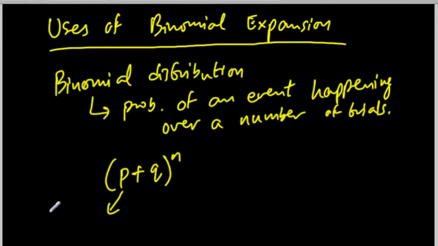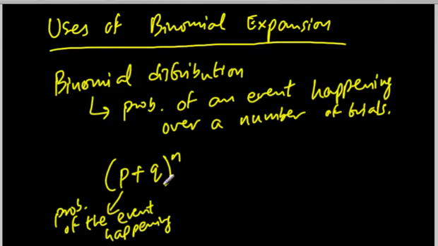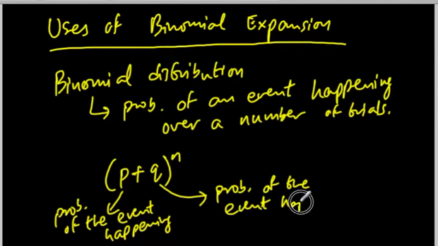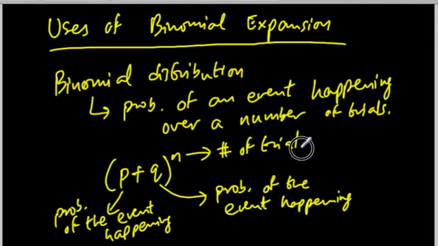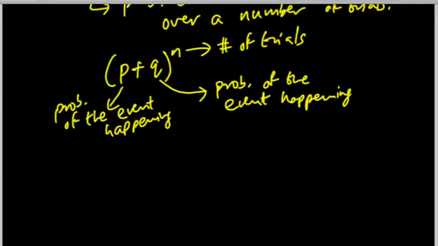Here, P is the probability of the event happening, Q is the probability of the event not happening, and N is the number of times you're going to try it, in other words, the number of trials that this event will take place. Let's give an example of this.